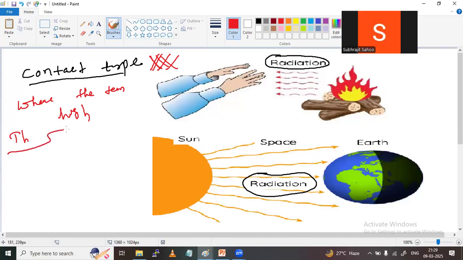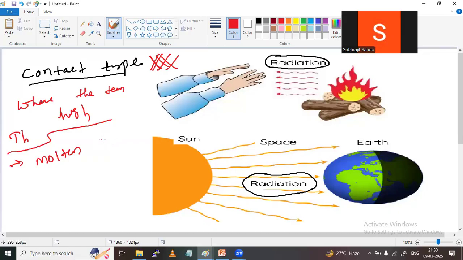This is one case. The second case is casting industries, where the product is produced from molten metal. There, a very high amount of temperature is required to convert a solid state metal to liquid state metal.